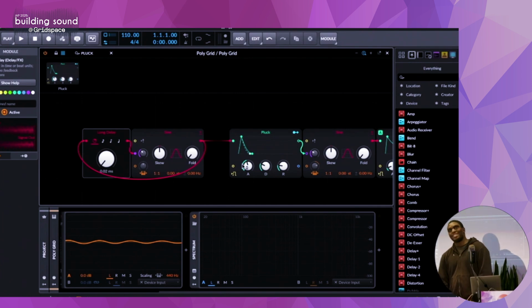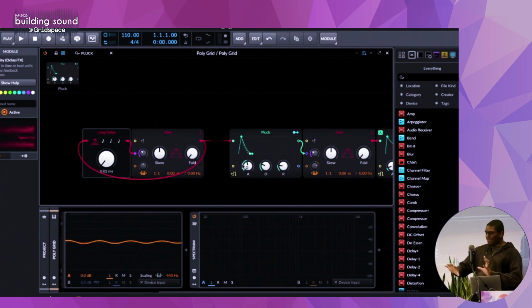How common is frequency modulation? I was asked how common FM synthesis is now. The difference between the DX7 and now is that we have the computational ability to combine a lot of these processes.